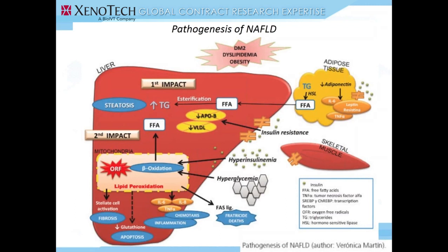Additional theories, such as the multiple hit hypothesis, suggest other factors, including the action of adipokines, more specifically reduced levels of adipokines produced by fatty cells, and mitochondrial dysfunction that may also contribute to non-alcoholic fatty liver disease.